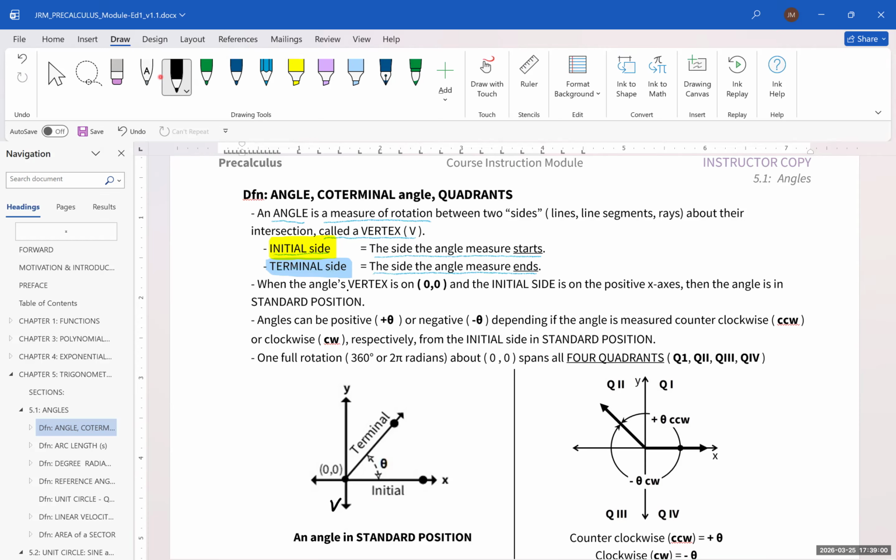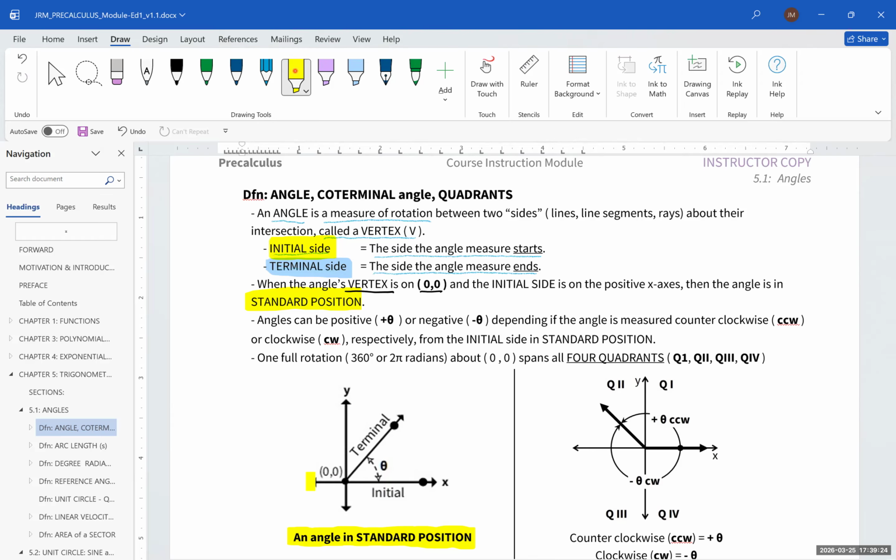When the angle's vertex is on the origin, or the point 0, 0, and the initial side is on the positive x-axis, then the angle is in what's called standard position. This illustration is an example of an angle in standard position.